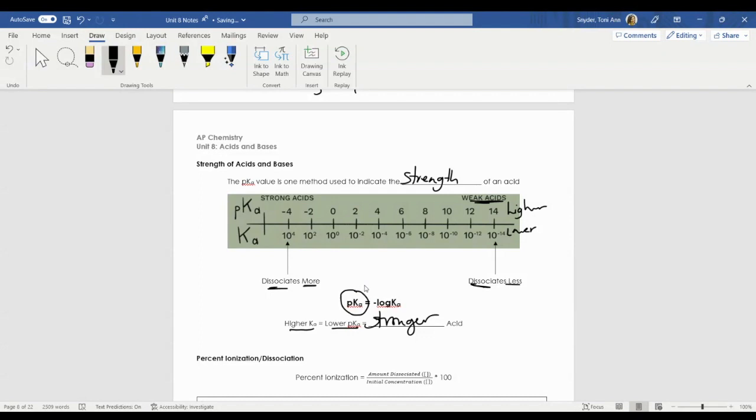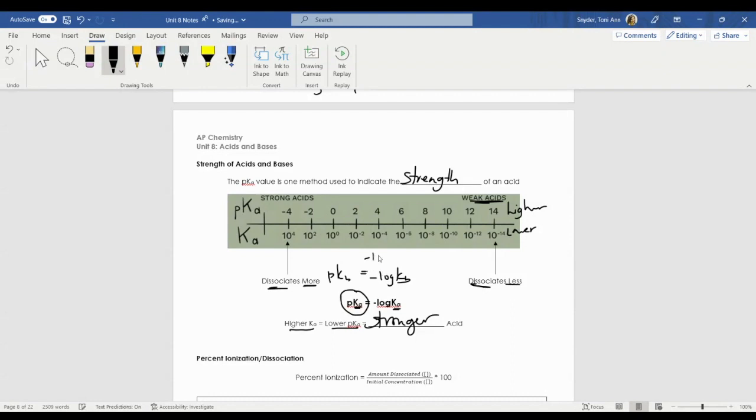And the way you can calculate the pKa is by taking the negative log of the Ka. So notice both sides of this equation have Ka. The negative log of some value is equal to the pKa, or is equal to the p of whatever that is. So let's say I have the negative log of the Kb value that equals the pKb.